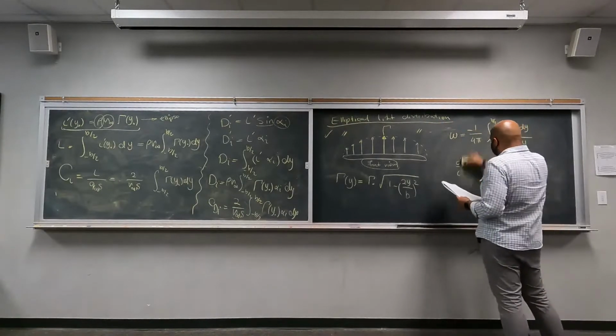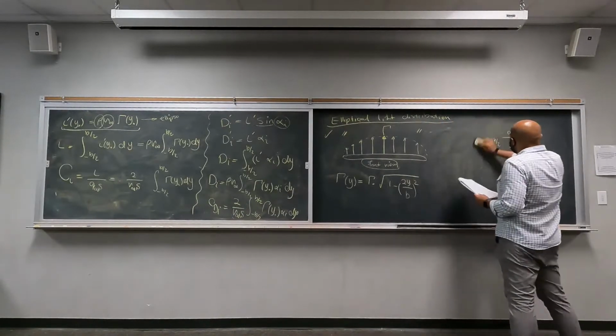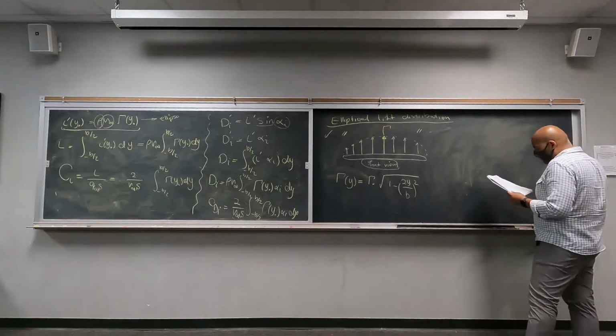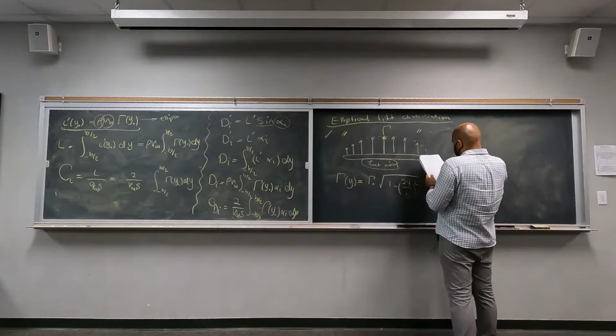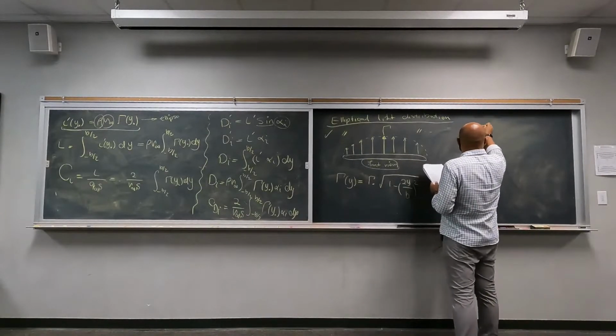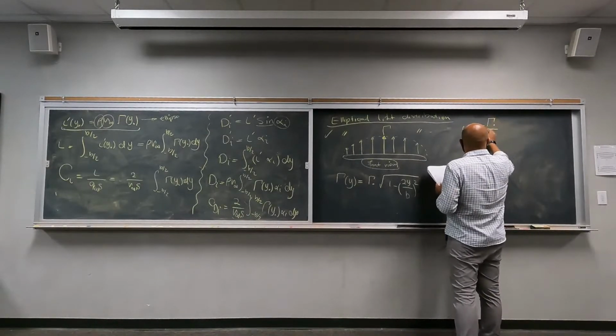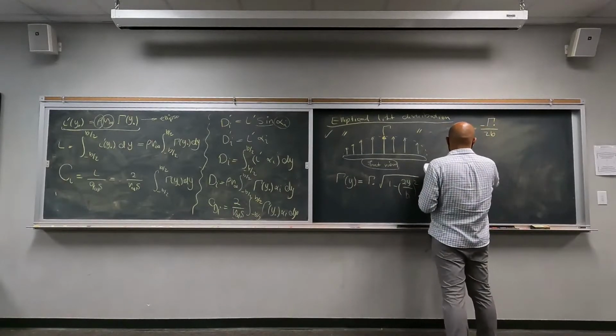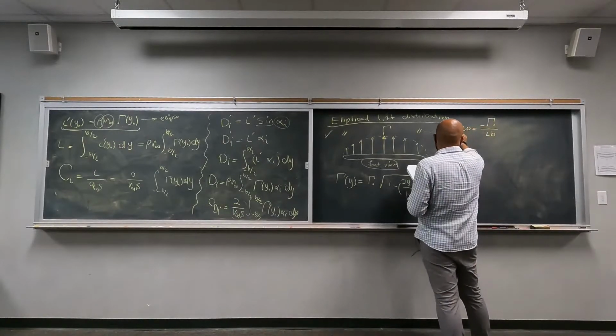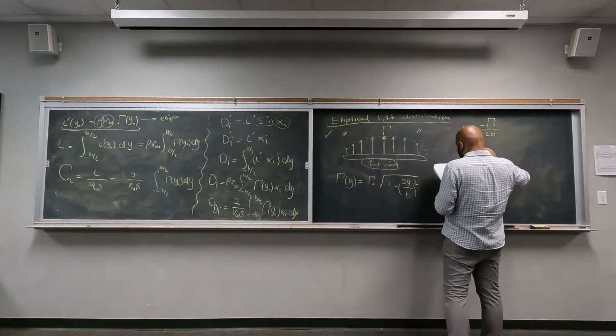So induced velocity is going to be equal to negative gamma naught divided by 2b, and alpha I. Since you have already done this calculation, you don't need to take the integral again.